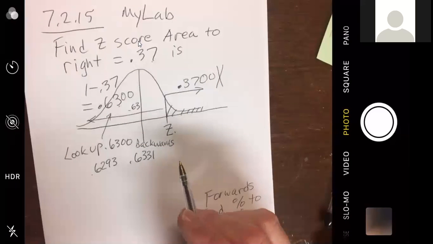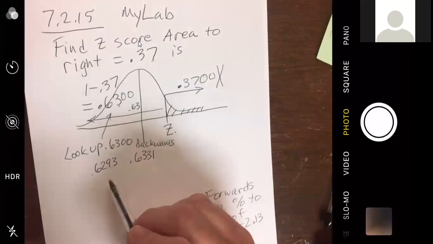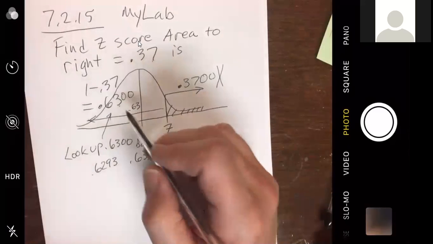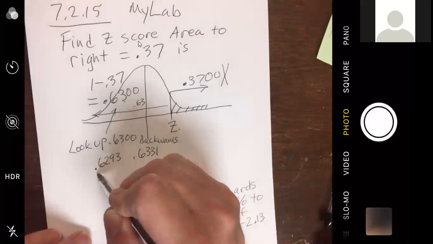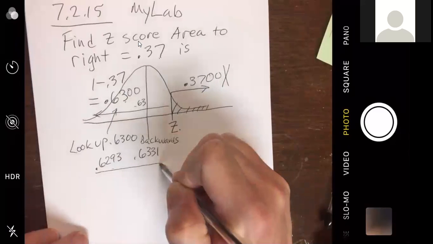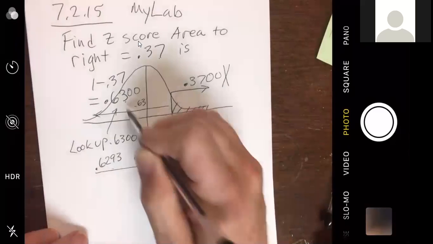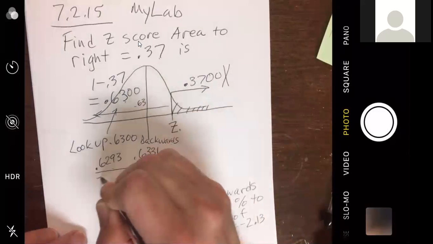So you are looking for the range of 0.6300. I'm looking for the range in the table that has 0.63 in it. This one's 31 high, and this one's 7 low.